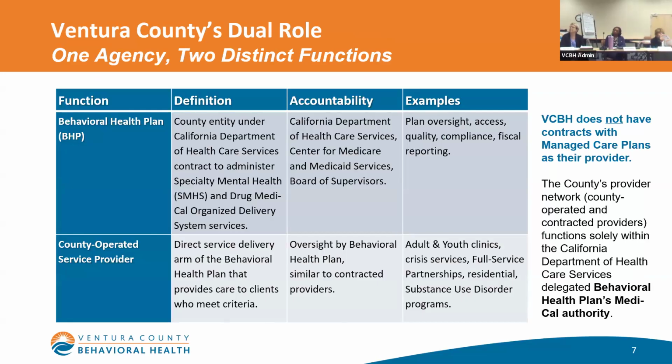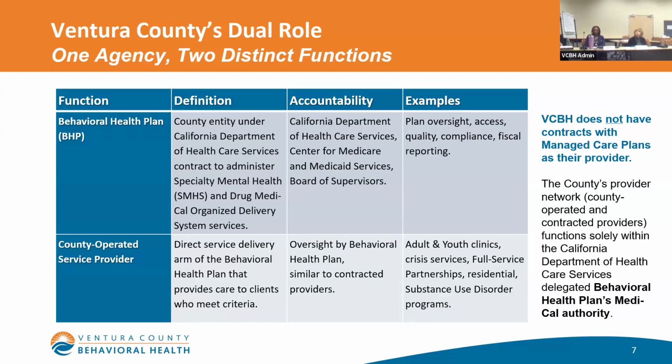All right, we go back to looking at one agency and two distinct functions. For the BHB plan, I just wanted to ensure that we're not deciding this on our own. I mentioned that we have a contract with DHCS, but also Medicaid, which is federal CMS governance, so we're also accountable to the Medicaid system.